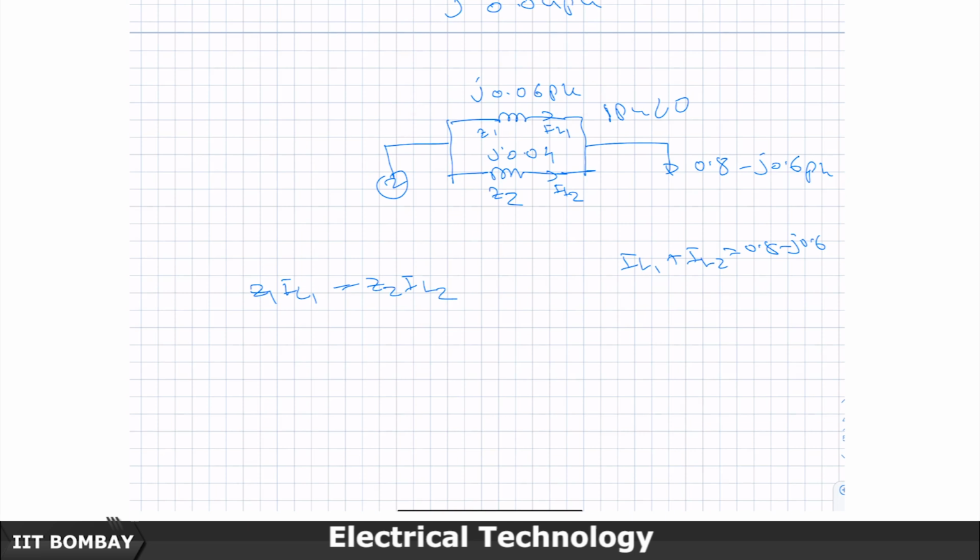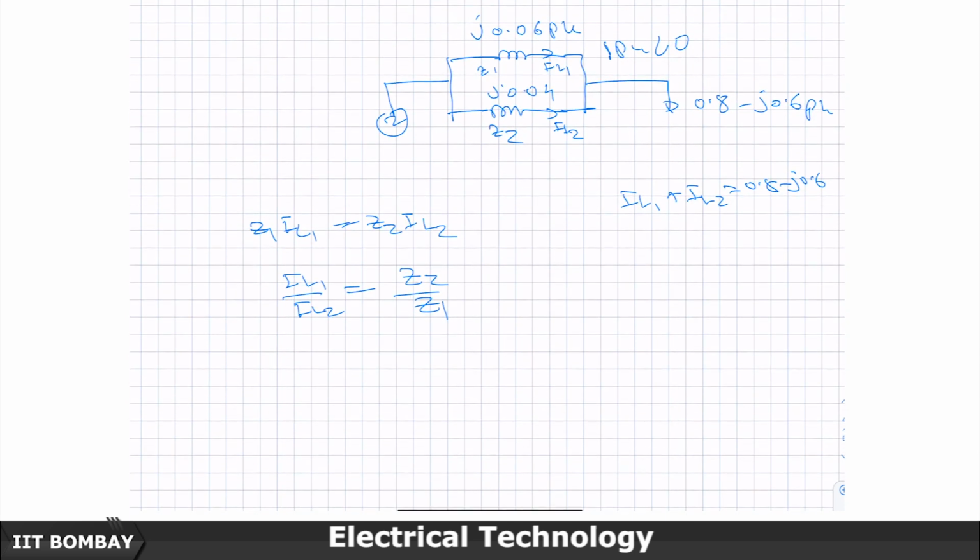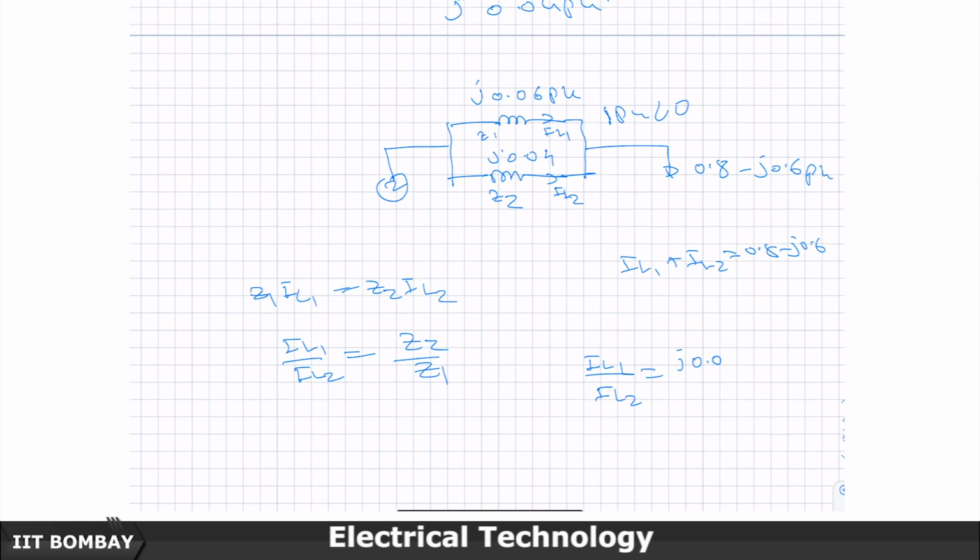So, the currents will share in inverse proportion to the impedances. IL1 has less impedance, so to get the same voltage drop it has to carry higher current. So, IL1 by IL2 is going to be equal to 0.08 over 0.06, that is, the ratio of the impedances Z2 to Z1, with 0.06 and 0.08 as the values.